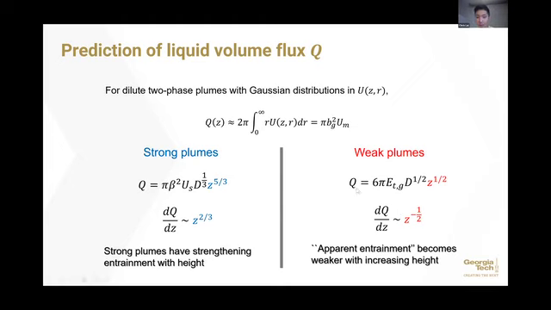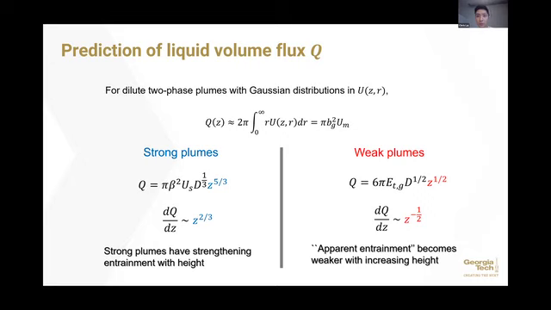We have shown that the volume flux for the weak plumes only increases with the square root of Z, so it's slower than a classical plume. And then dQ/dz, because of this formula, is actually scaling with Z^-1/2. So as you're moving up, you can think of the entrainment power getting smaller and smaller.